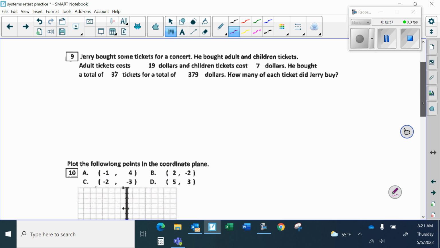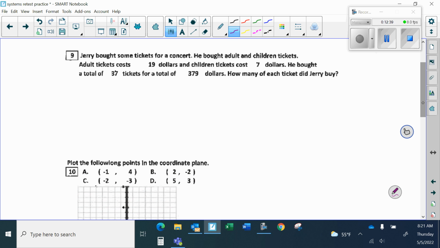Our story problem 1. Jerry bought some tickets for a concert. He bought adult and children tickets. Adult tickets cost $19, and children's tickets cost $7. He bought a total of 37 tickets for a total of $379. So notice this equation is all based on dollars: $19 for adults, $7 for children, and $379 total.